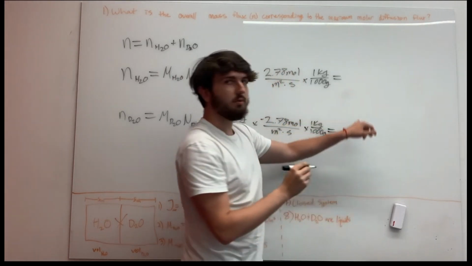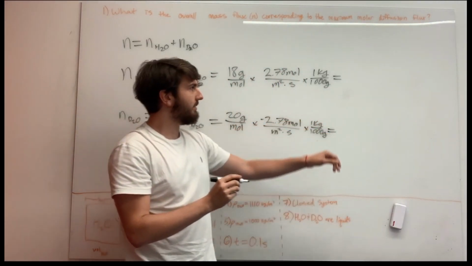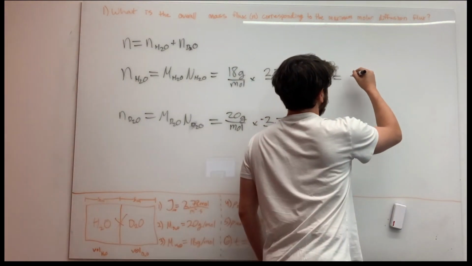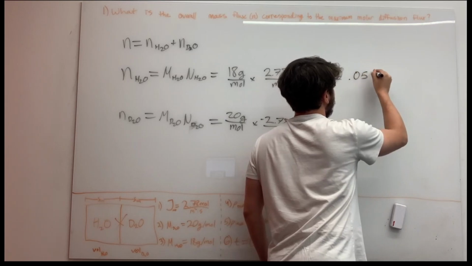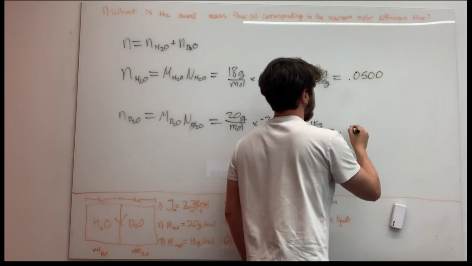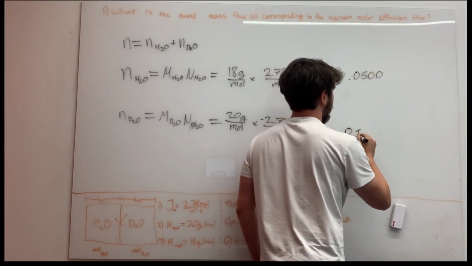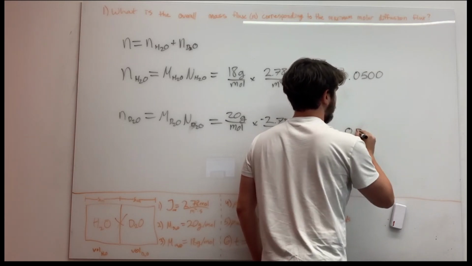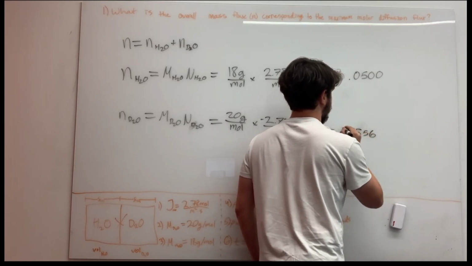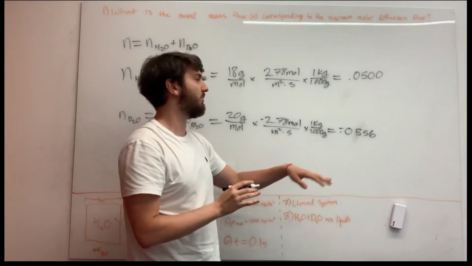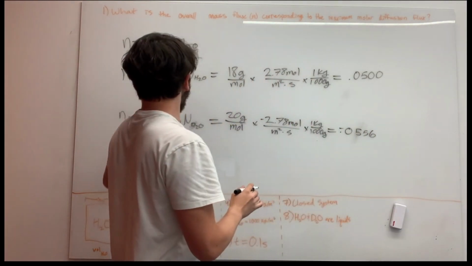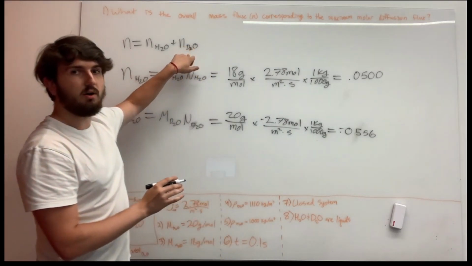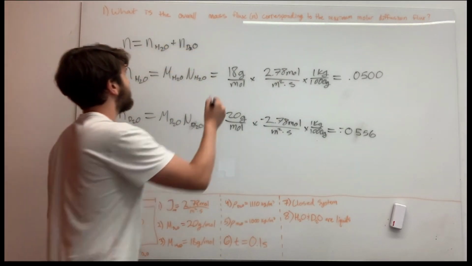Which we can get for both of these factors, we get that the H2O is 0.0500, and that the D2O is negative, 0.0556. Now that we have both H2O and D2O, we can actually solve this equation up here. We have both values.